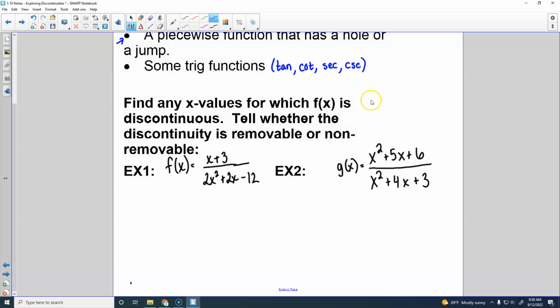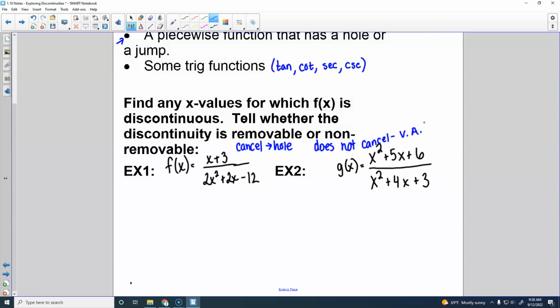Good. If factors cancel, it's a hole. If they do not cancel, that's a vertical asymptote.